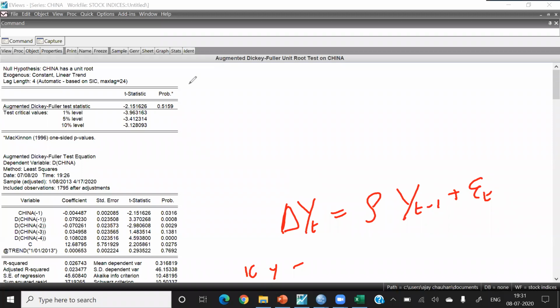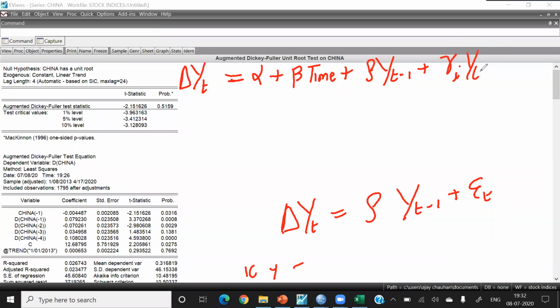He said that now I am giving you a new equation: delta yt, the change in y, equals alpha plus beta into time plus rho into yt minus 1 plus gamma 1, gamma 2, and so on for the lagged values of the change in y. If you understand this equation, everything will be very, very clear.